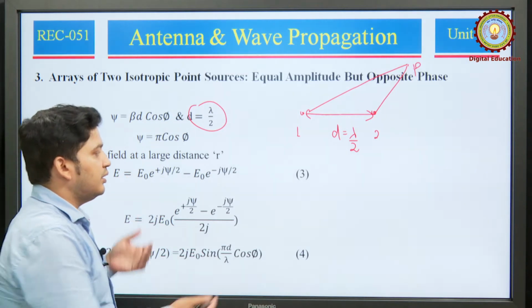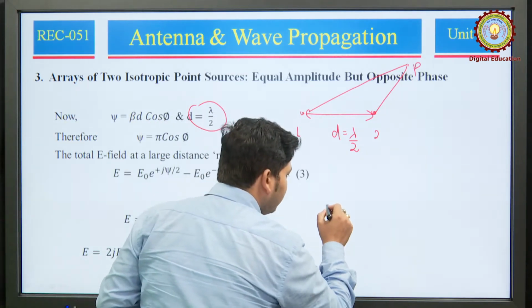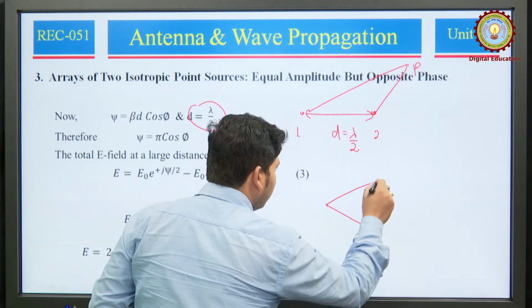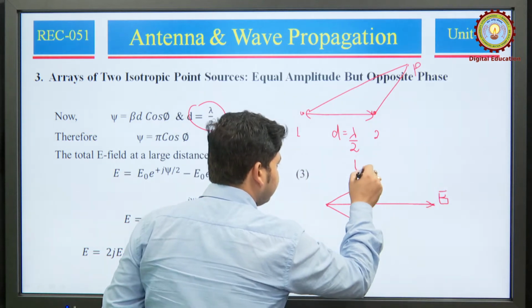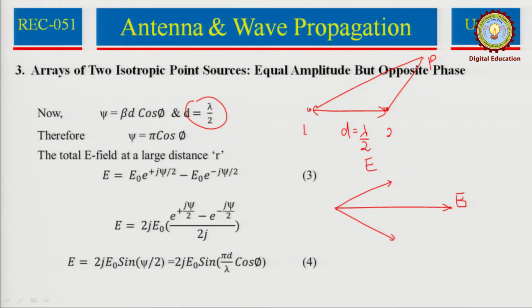Same procedure, the phasor diagram, if you recall: E 1, E 2, and this is the resultant E. This is E 1, this is E 2, but the phases are out of phase. If you consider psi by 2, the net field is given by this resultant field.